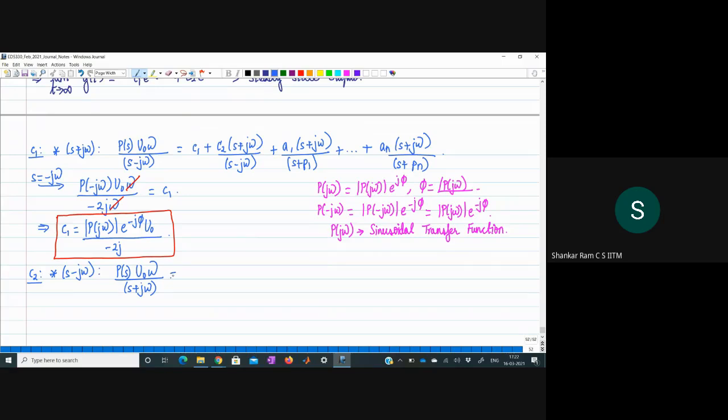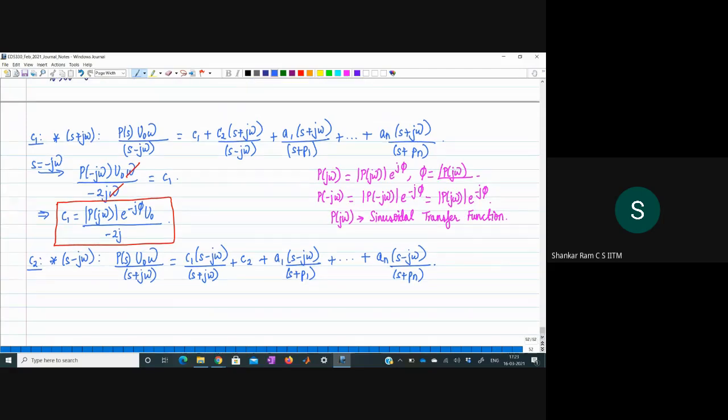That will be equal to C1 (s minus j omega) divided by (s plus j omega), then plus C2, then A1 (s minus j omega) divided by (s plus p1), all the way till AN (s minus j omega) divided by (s plus pN). Okay, so that's what we have.